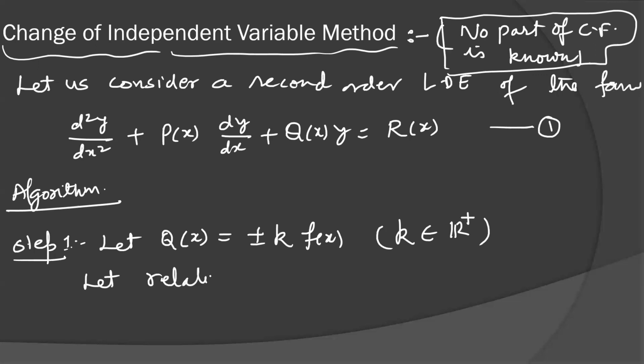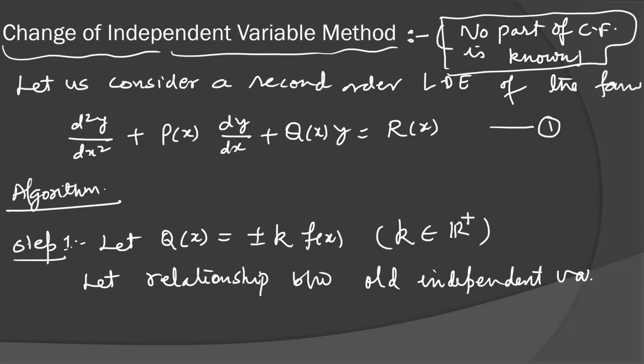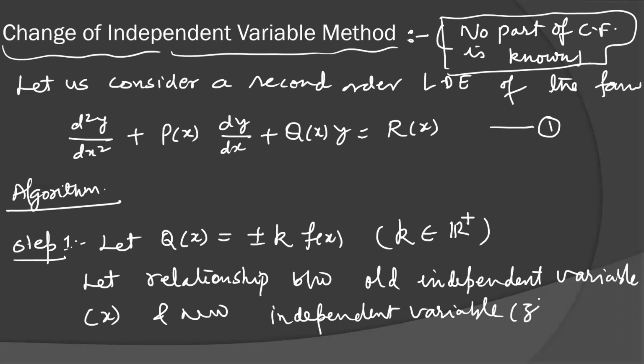Let the relationship between the old independent variable x and the new independent variable, which I'm taking as z, be dz by dx whole square equal to mod of qx, or equal to plus k fx, because we have taken mod, so plus minus will become plus also.